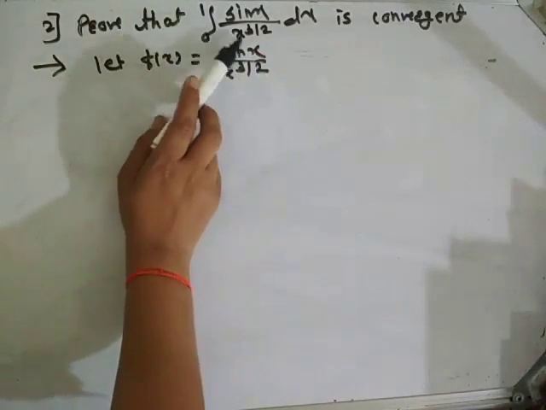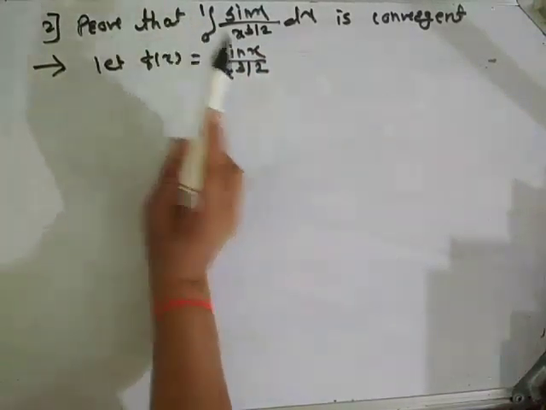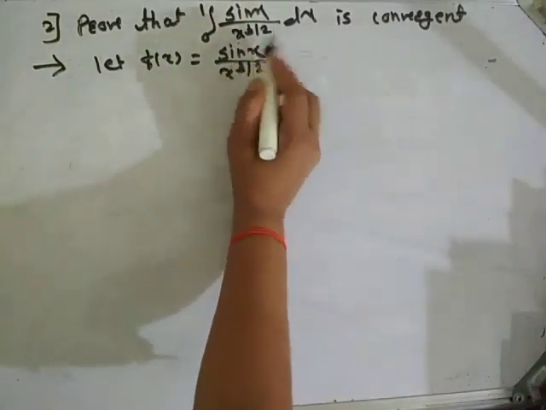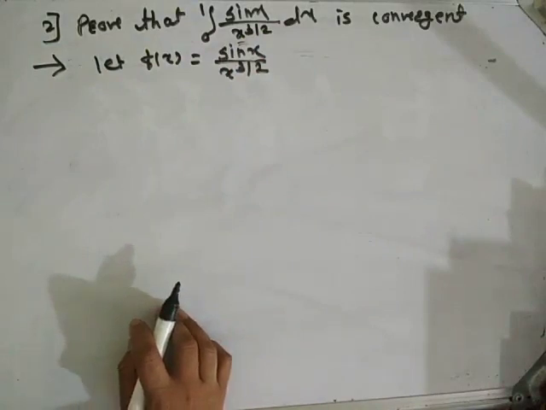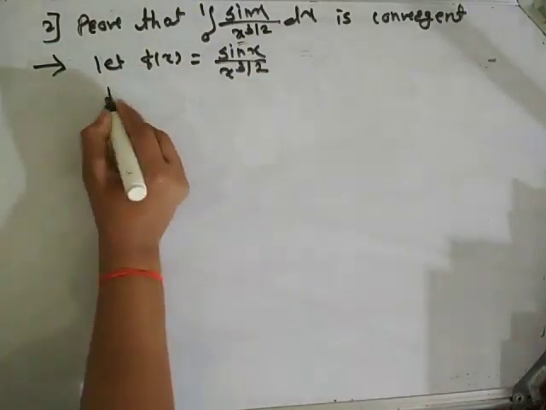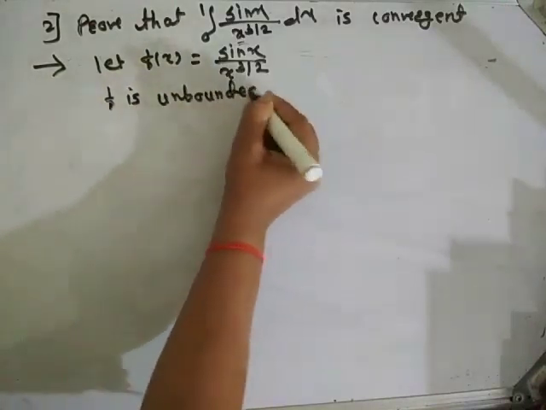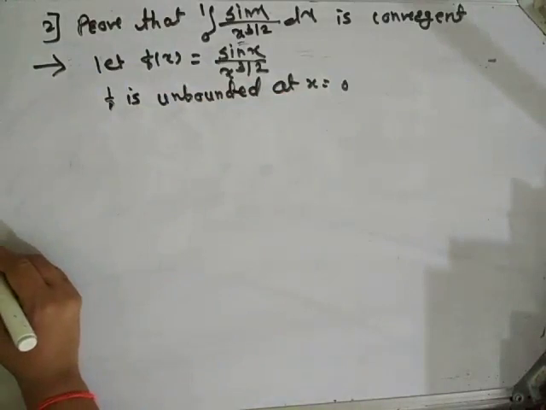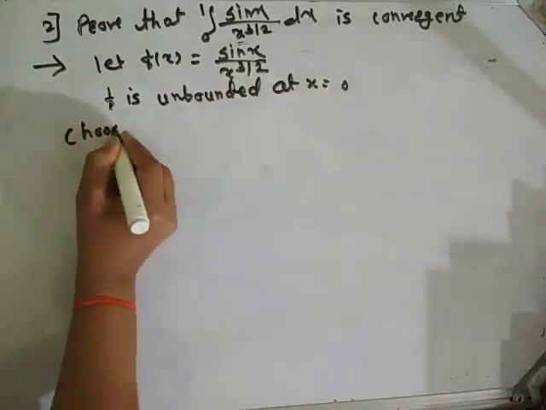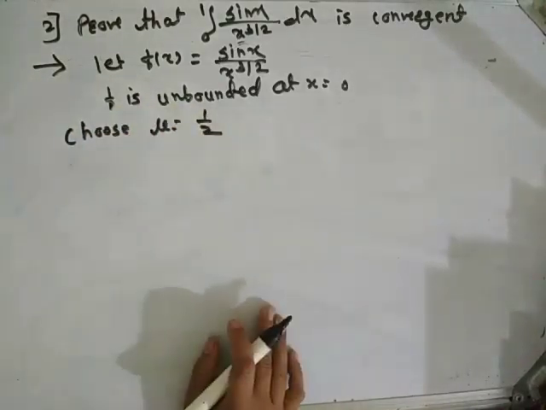See here students, this is an improper integral of second kind. A and B are real values and this function is unbounded at point x equals to 0. We use here mu test. Again, choose mu equals to 1 by 2.